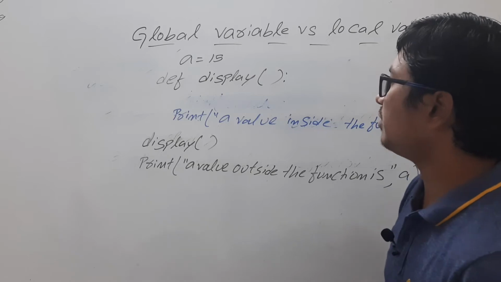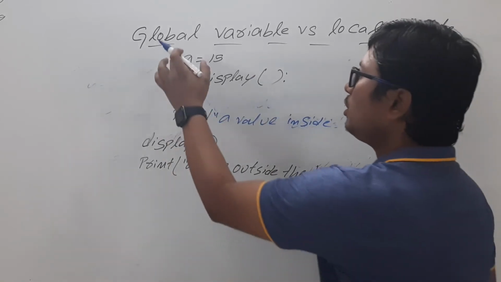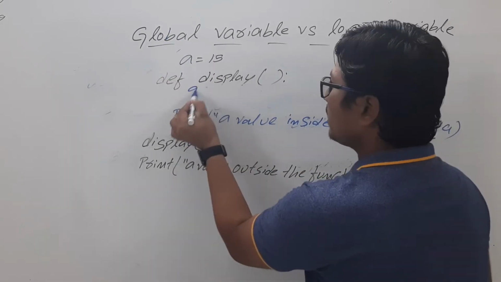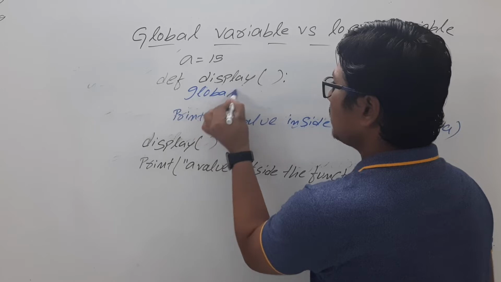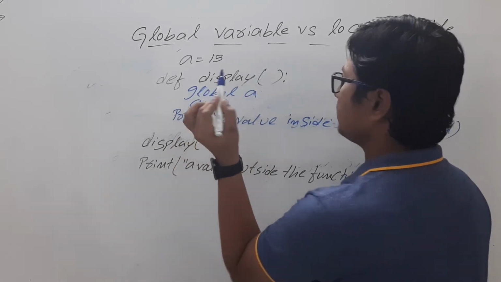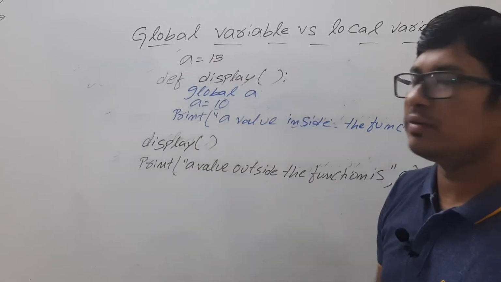That is absolutely fine. Now let's take that I want to access this global variable. Directly I can access. I will write global a, then a is equal to some 10. Look at here, what will happen? Now a is a global variable.